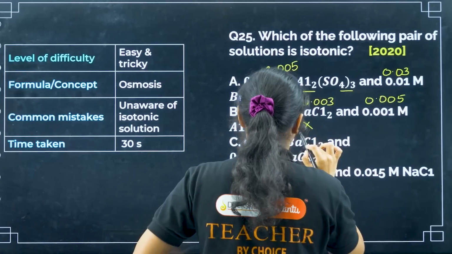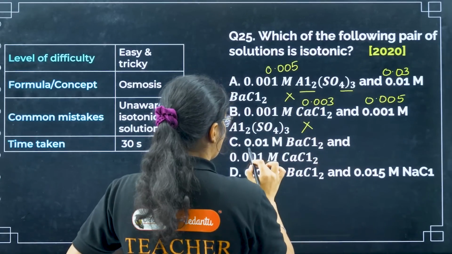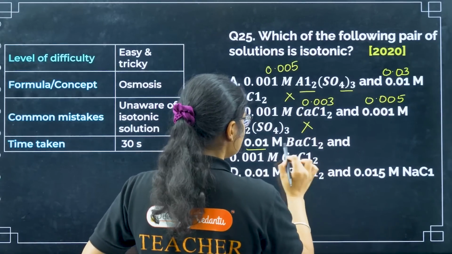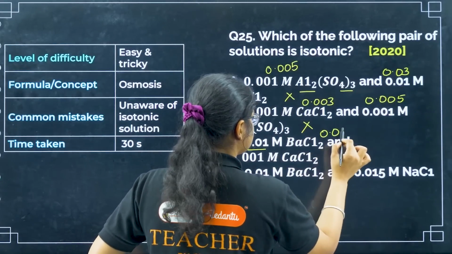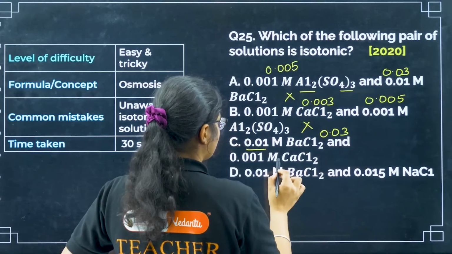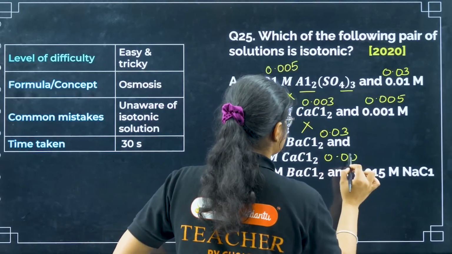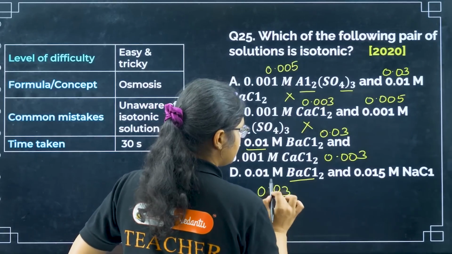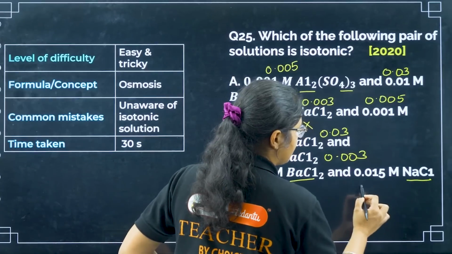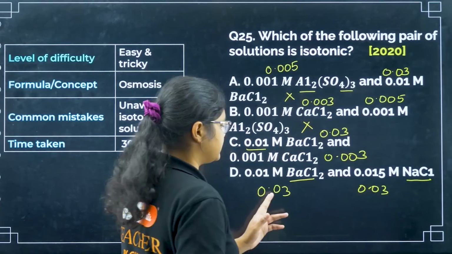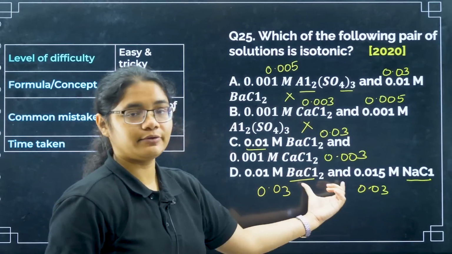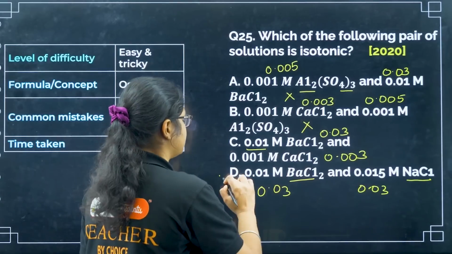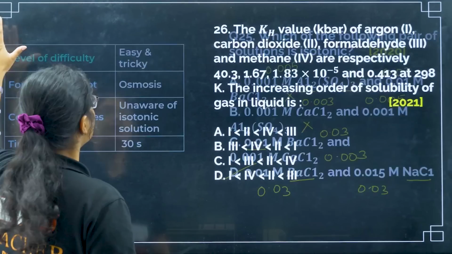Again this is not equal. Next we have 0.01, so I will get 0.03 here, and 2 plus 1, 3, 0.003. Next we have 0.03 here, and if I have 2 here, then I will also get 0.03. So you can see the C value is constant, so this will be isotonic, option number D.